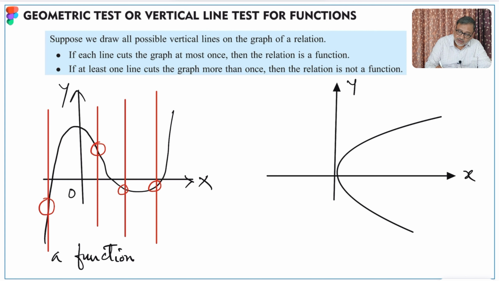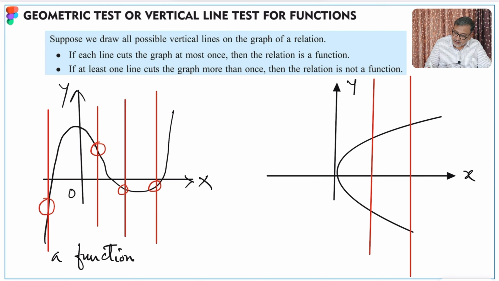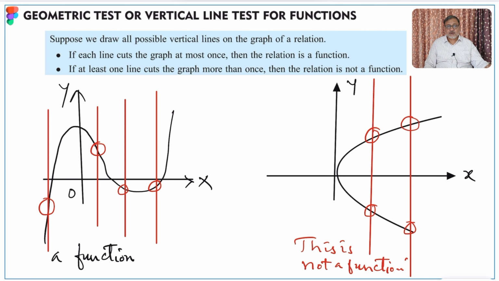Now in this graph, if I draw a vertical line here, here, anywhere you draw, it is meeting in more than one point. See, each vertical line is meeting in more than one point. So therefore, this is not a function. This is called vertical line test.